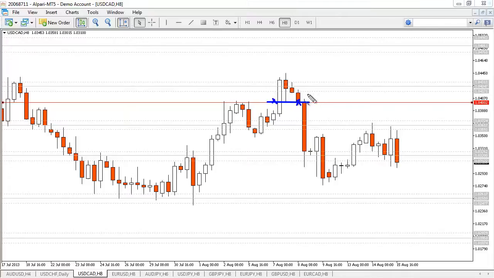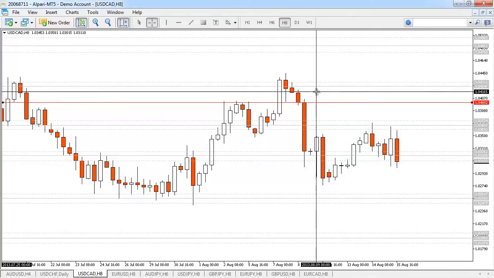It really depends where you want to enter, but my entry level would be here, kind of at the top of the resistance area.